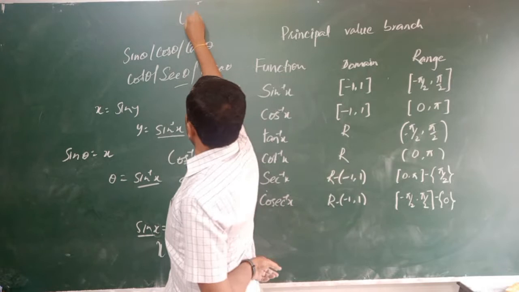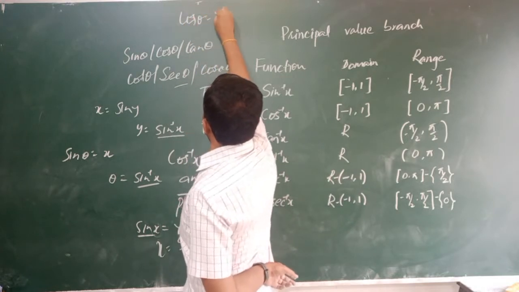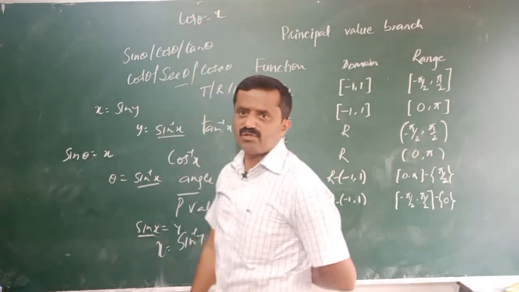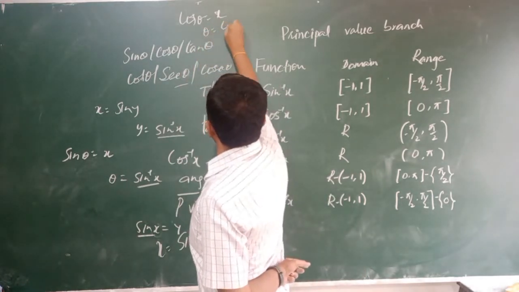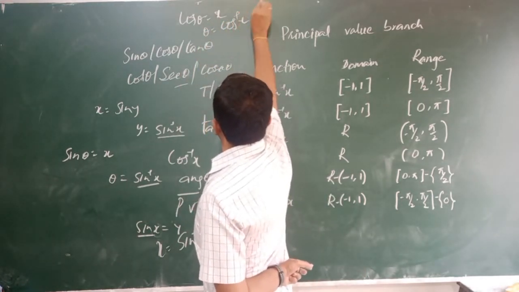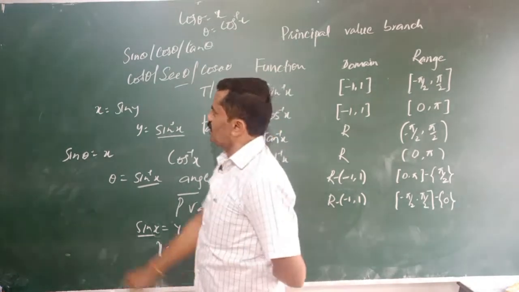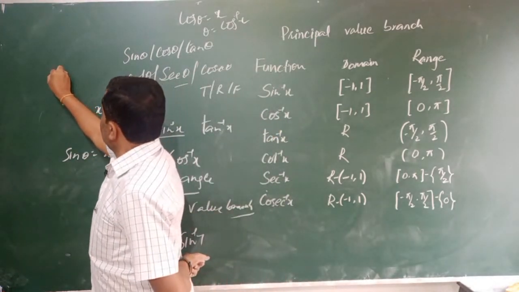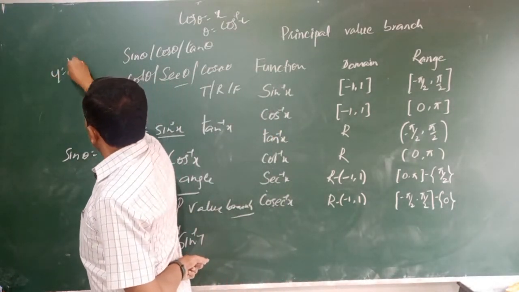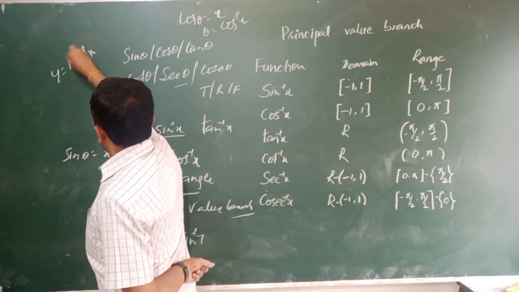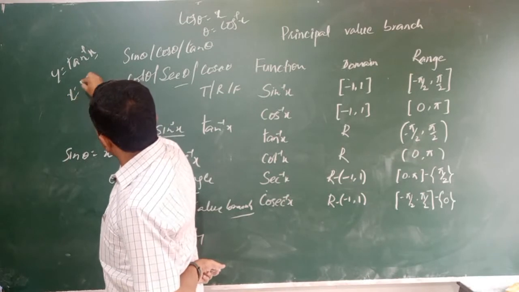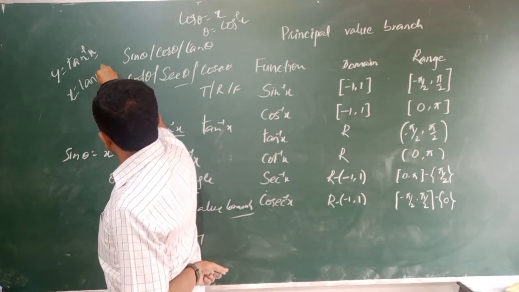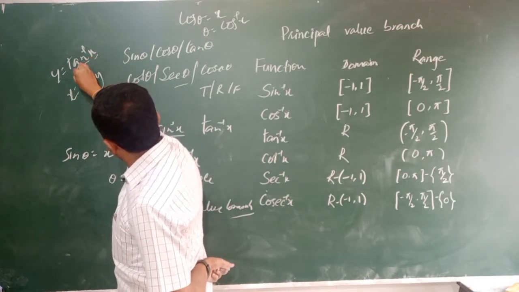Or, for example, if cos theta is equal to x, then what is theta? Theta is equal to cos inverse of x. Or for example, y is equal to tan inverse x. Then what is x? X is equal to tan y. See, this is an inverse trigonometric ratio.